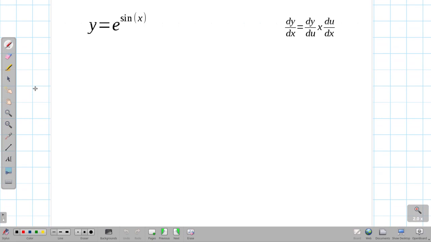So here in example number 2, we've got a different function. We've got the exponential e to sine x. Remember that e stands for 2.718, which is the base of natural logs. Same principle. So we're going to say let u equal.